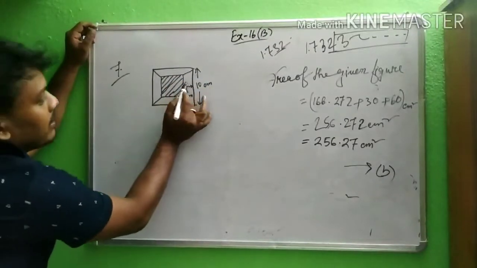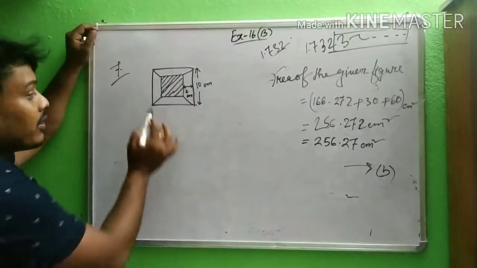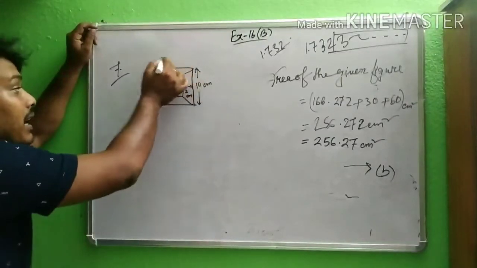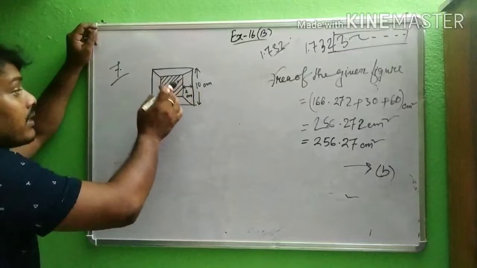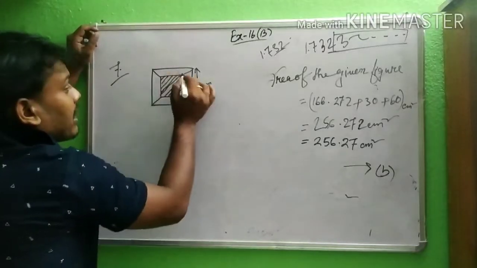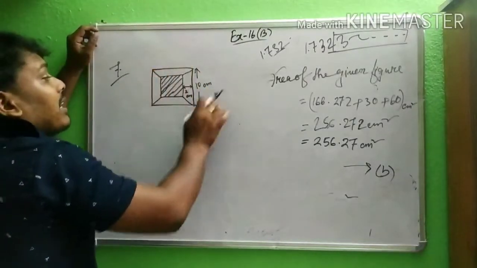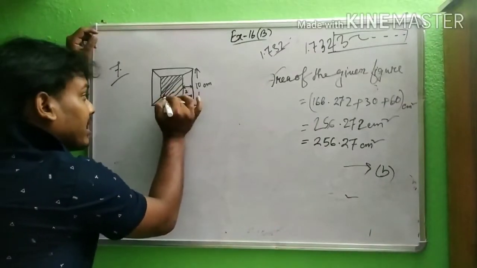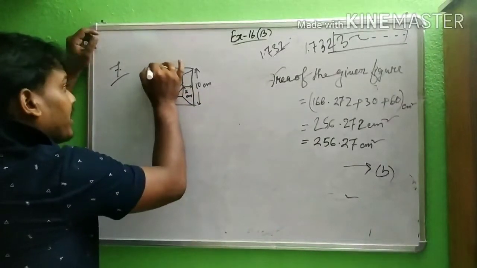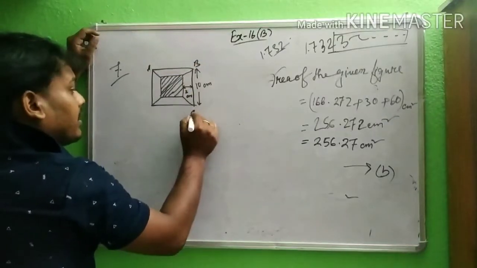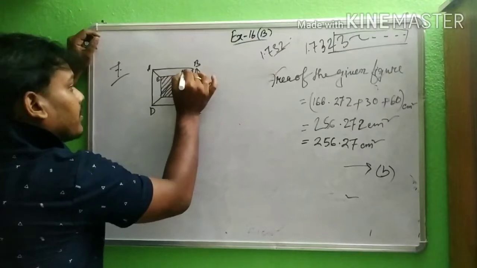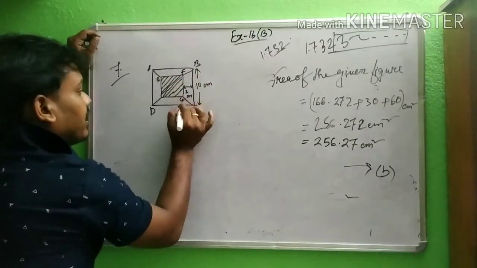This one is a trapezium, this one also a trapezium, and all the trapeziums are the same. So if we subtract the area of these 4 trapeziums from the bigger square ABCD, then we get the area of the shaded region. A, B, C, D, E, F, G, H.